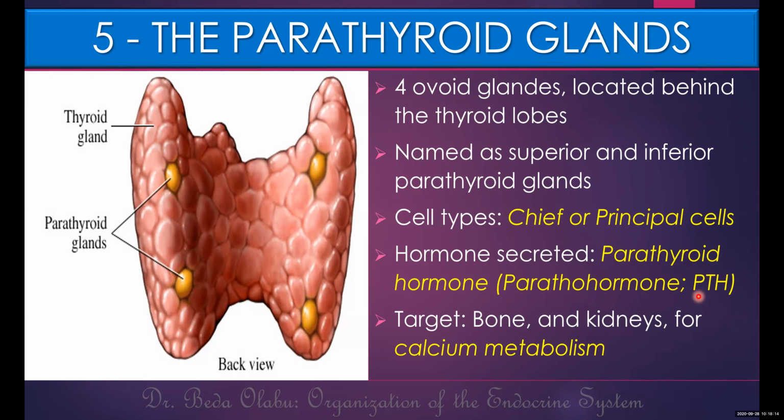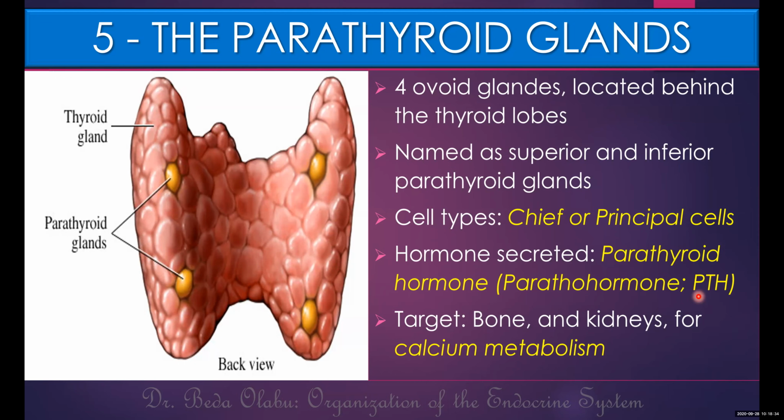You realize that we had talked about calcitonin also acting on bone to affect calcium levels. Now we've talked about parathyroid glands also acting on bone and kidney to affect calcium levels.